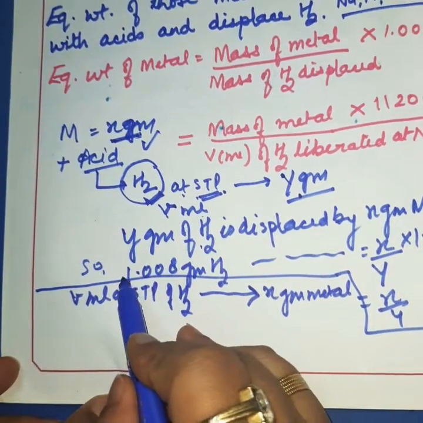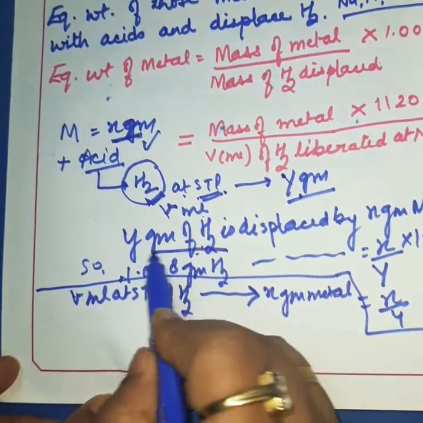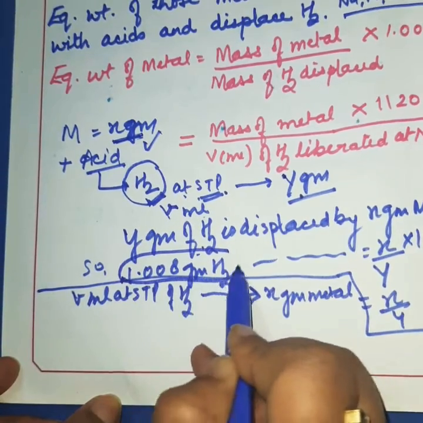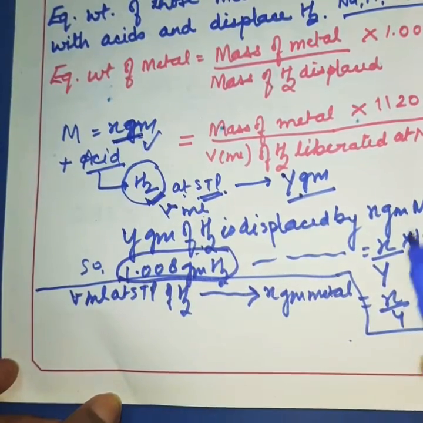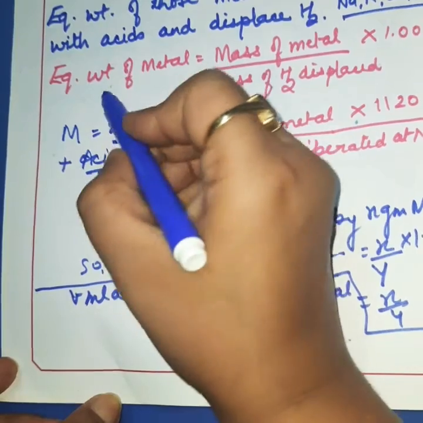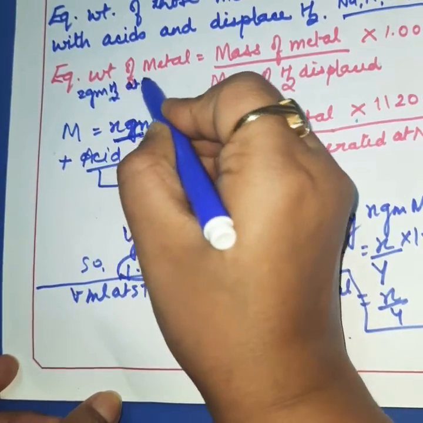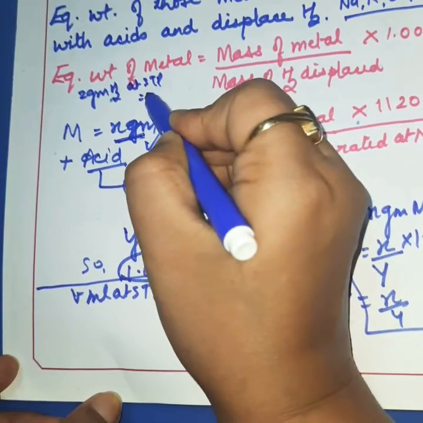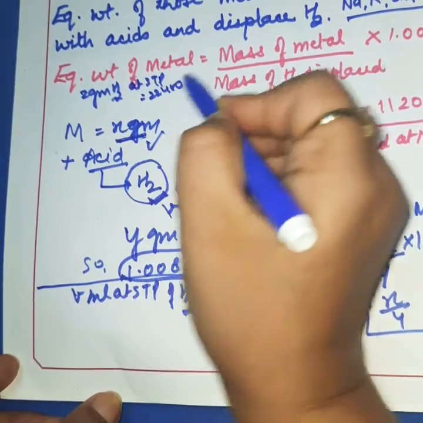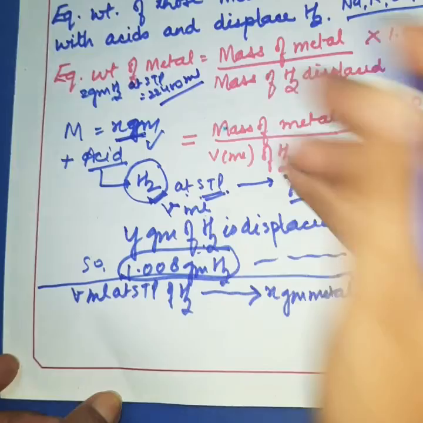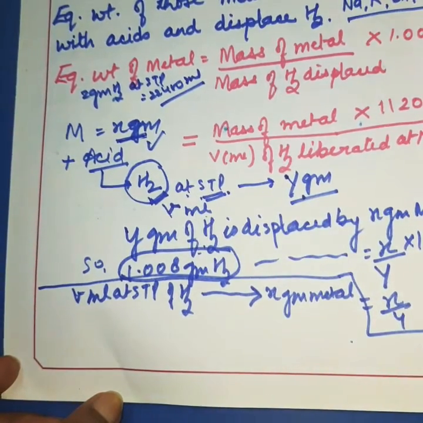Now, the standard mass of hydrogen taken is 1.008 gram, and we know one thing very well: 2 gram hydrogen at STP is equal to 22400 ml. This relation we know very well.